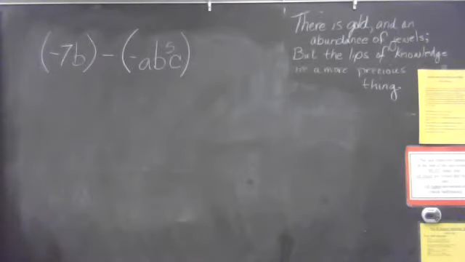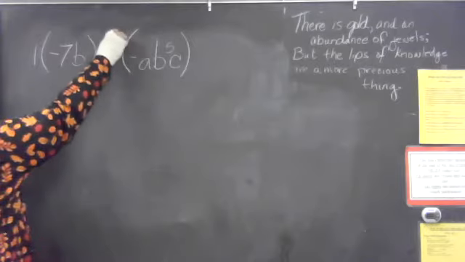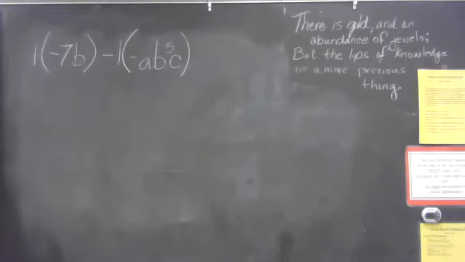Now, again, here's the key to everything. If there's not a number in front, it's an invisible one. If there's not a number in front of a parentheses, it's an invisible one. This will help you tremendously. So now I'm going to write this entire thing without parentheses.